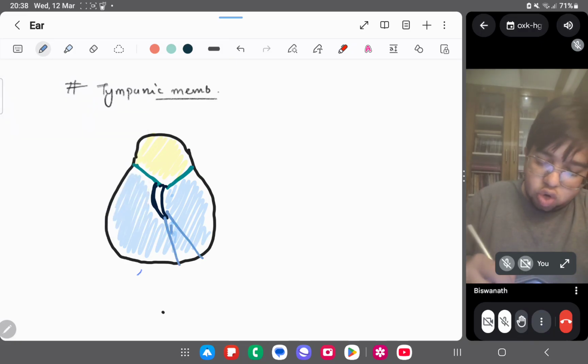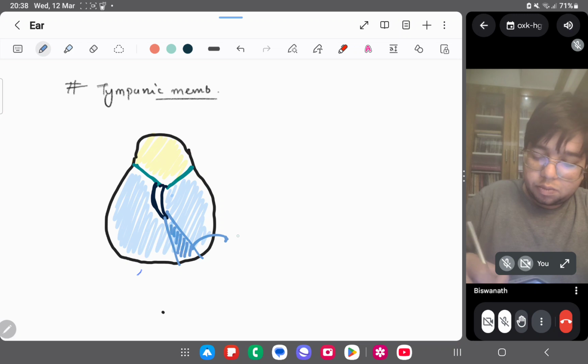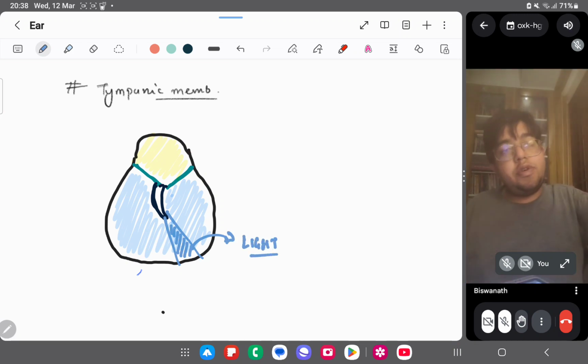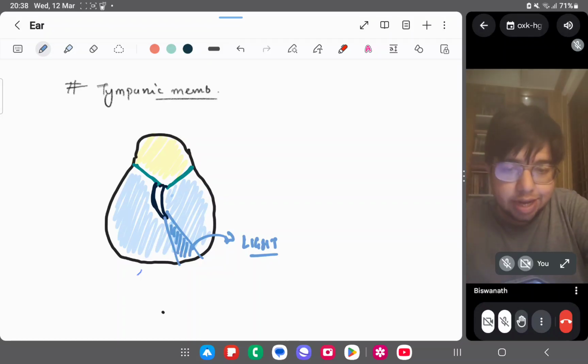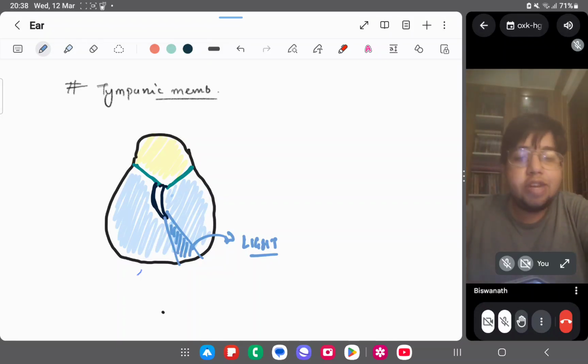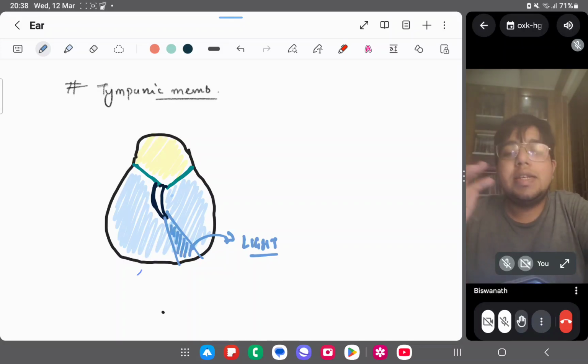You will see a cone of light. If you put that instrument to visualize the ear, the otoscope and so on, and see the things, then a cone of light will be there.